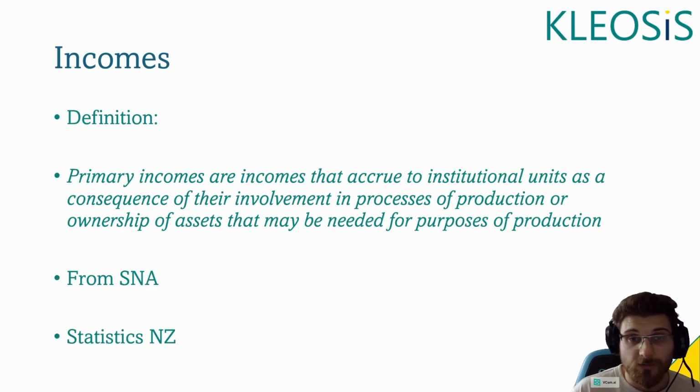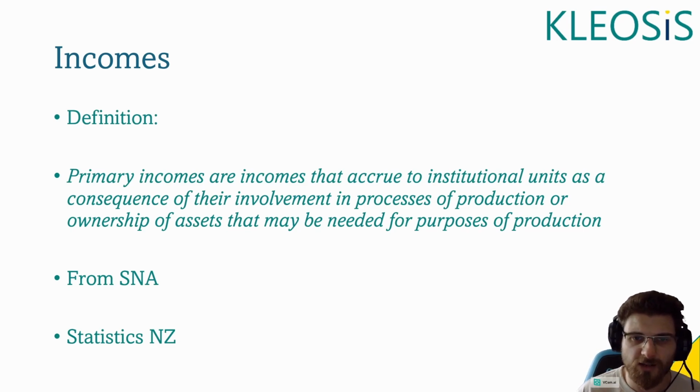The next piece of data I want to cover is incomes. Now, income data is really complex. There are actually several ways to measure incomes within the whole statistics profession and economics. But what we really want to dig down to is this idea from the System of National Accounts, or SNA, which is that we're looking at primary incomes.